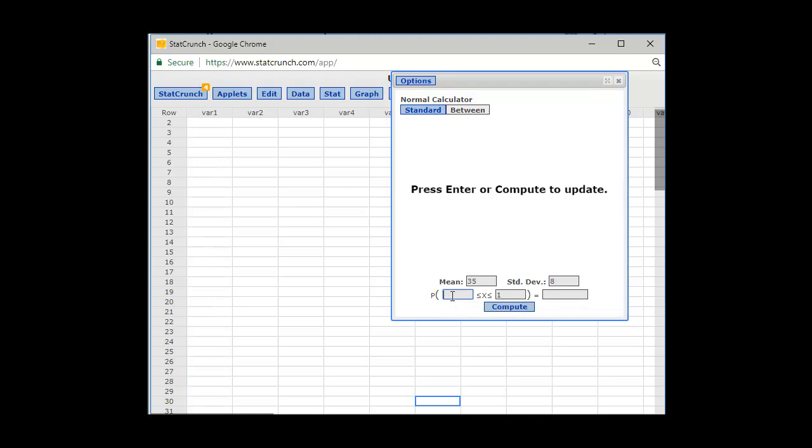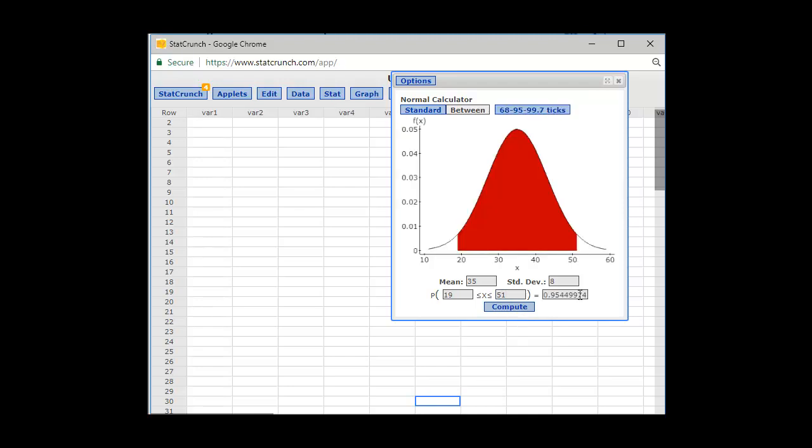The first one we were trying to calculate was between 19 and 51 minutes. So we're going to put in 19 and 51 to figure out what percent of our runners finished in between that time, and that is our 95. We could put whatever our values were. So much of this can be done on StatCrunch.